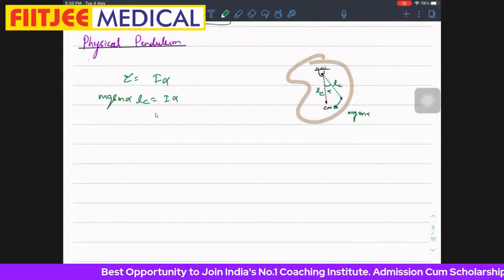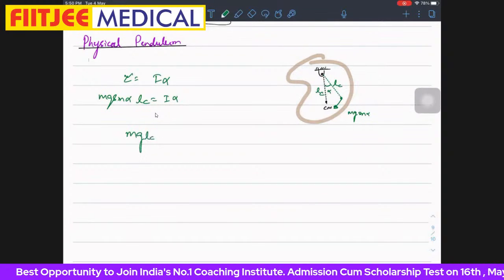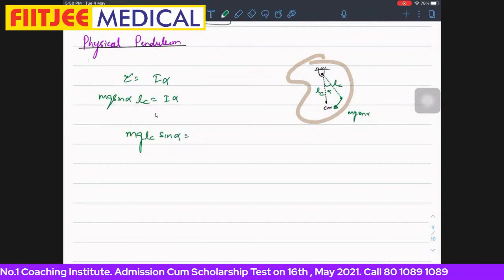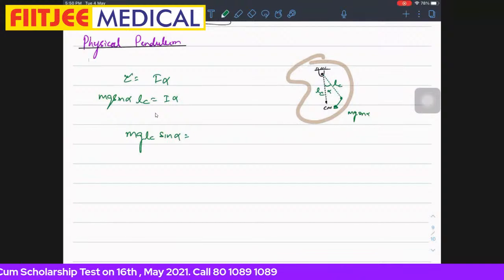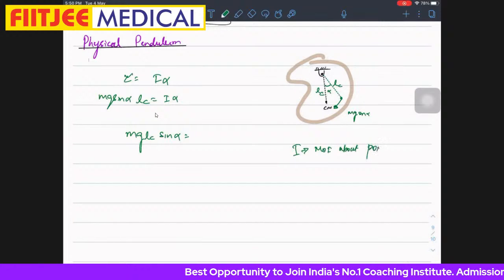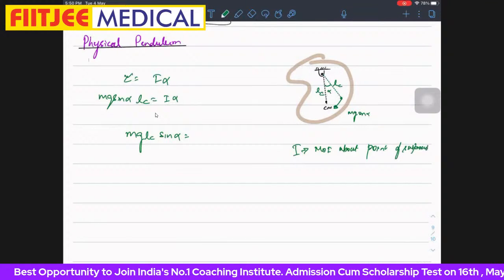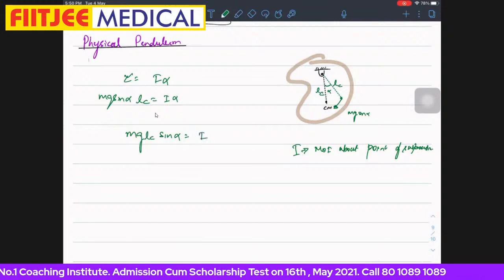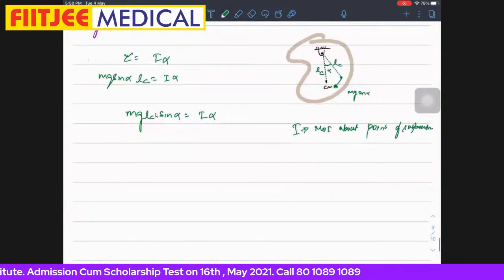Now what will the moment of inertia be? The moment of inertia depends on the axis of rotation. Here I is the moment of inertia about the point of suspension.